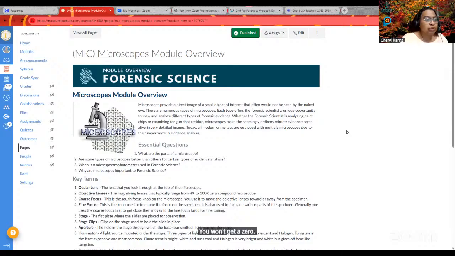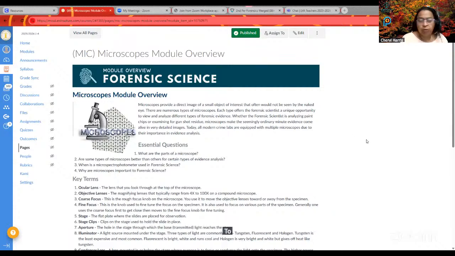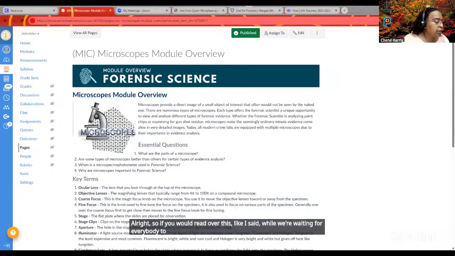No zeros. It wasn't due until today, and I probably will need to change that due date to later on in the week, even though we don't have classes, just so that it's not a 0. All right, so if you would read over this while we're waiting for everybody to come in, because only half the class is here right now.